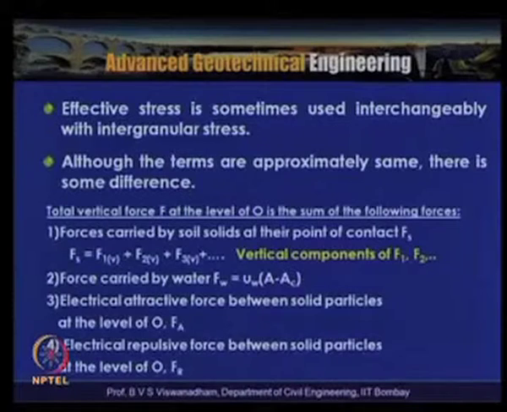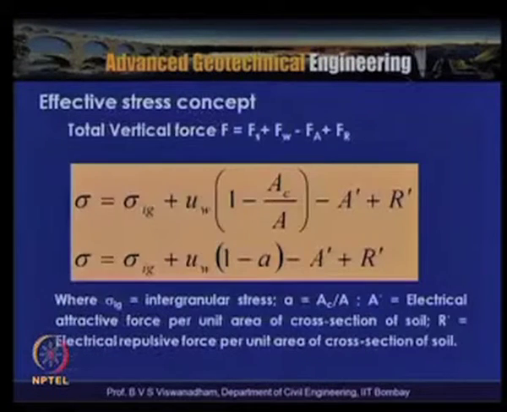So we have net forces acting on the grains: one is due to the contact, another is the force carried by the water, another is due to attractive forces, and another is the repulsive forces. So the total vertical force we can write as F is equal to Fs, due to contacts, plus Fw carried by the water, minus Fa plus Fr.